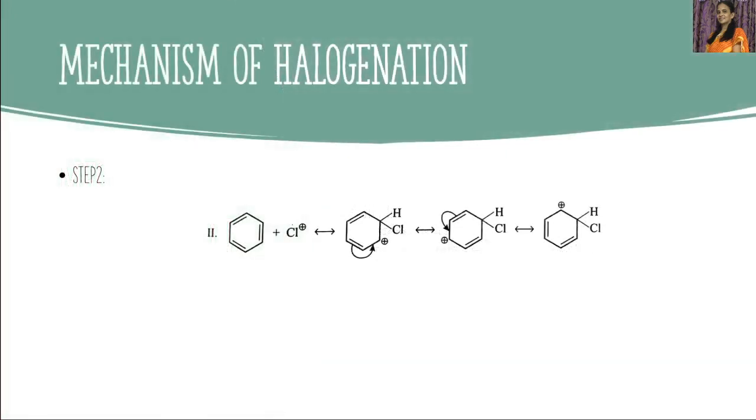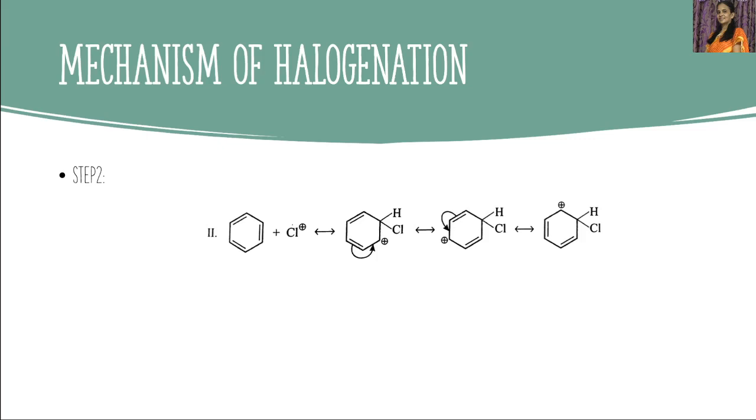Now in the second step, let us see. In step 2, what happens? The electrophile forms a bond with one of the carbon atoms of benzene using one of the pi bonds. Benzene has 3 pi bonds.